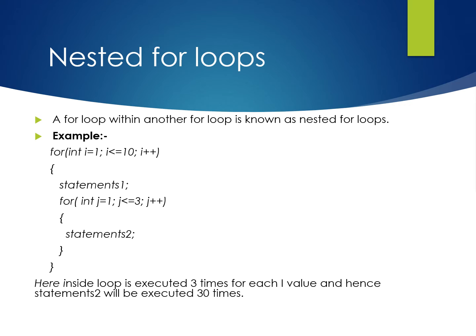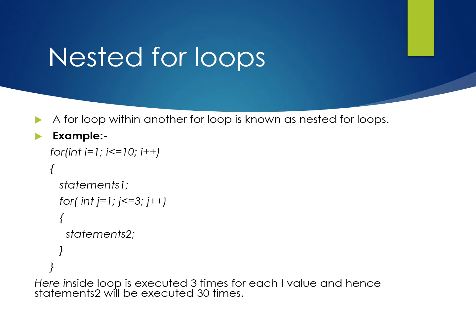Now we come to nested for loops. A for loop within another for loop is known as a nested for loop. For example, we take one for loop in which we initialize i equals 1 and then we put the condition i less than or equal to 10 and then we increment it by 1. Then statements 1 will be executed if the condition of i is true.